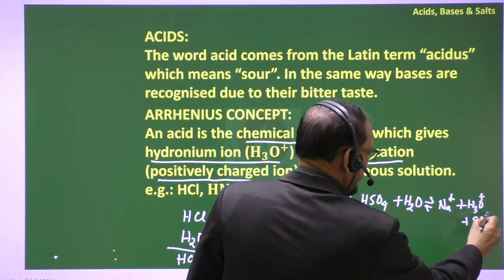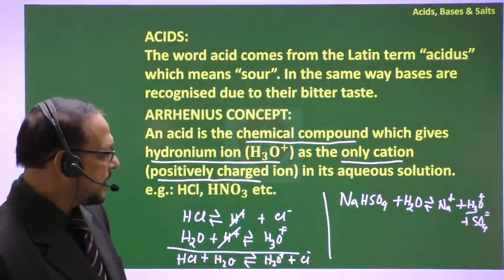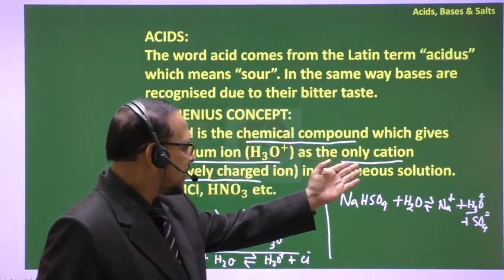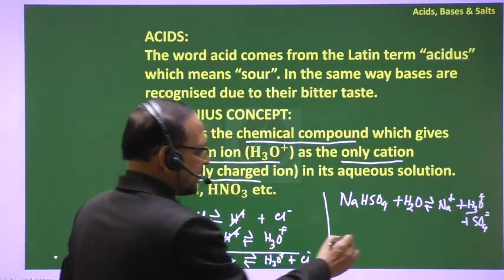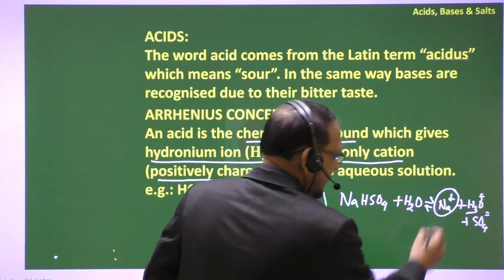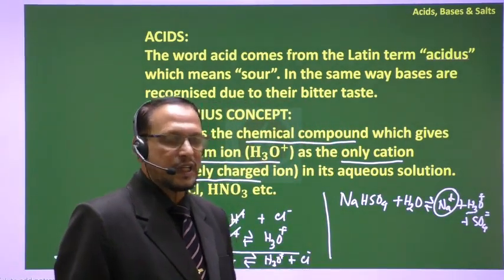Here also the hydronium ion H3O plus is given, as per the definition. But another cation, Na plus, is present. It is not the only cation. So that's why we cannot say this is an acid.